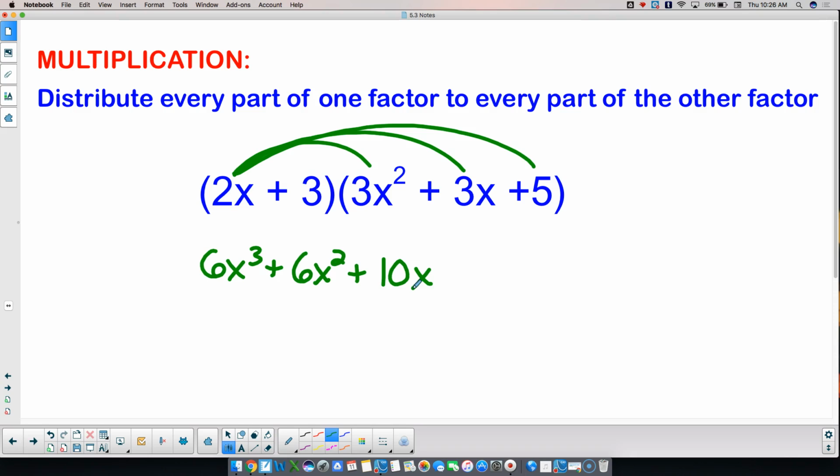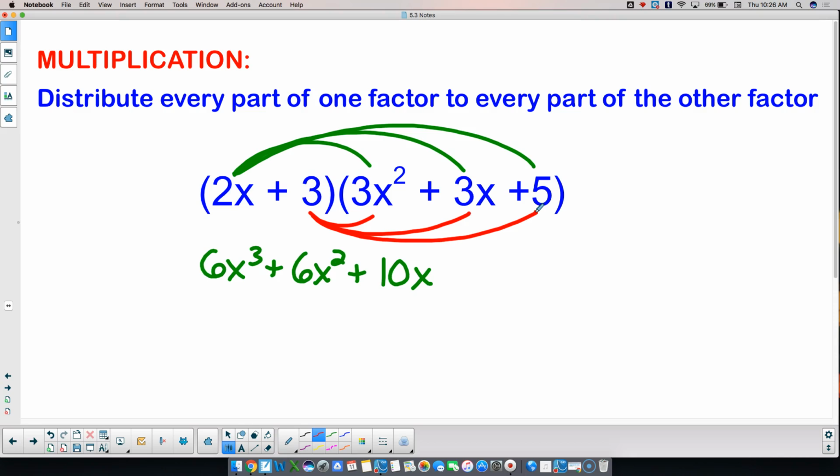Then you're going to take the other term and distribute that into the trinomial in the same way. Now here's where Linzmeyer Organization 101 comes into play. My first red term is going to be 9x squared, correct? 3 times 3x squared is 9x squared.